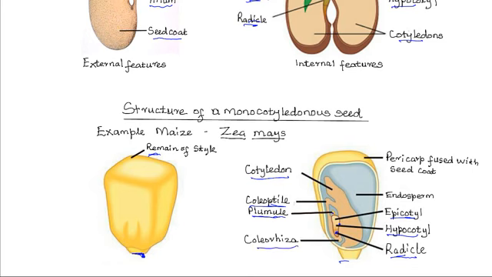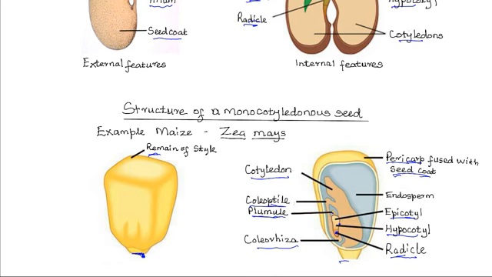And in the maize grain, the fruit wall, that is the pericarp, is fused with the seed coat. Remember, the maize grain is actually a fruit, but within that fruit, the seed is present and the seed coat is fused with the pericarp such that it is not possible to distinguish the two.